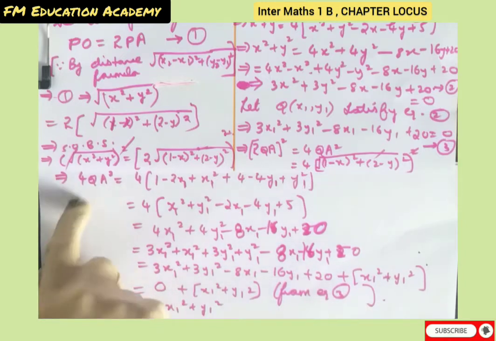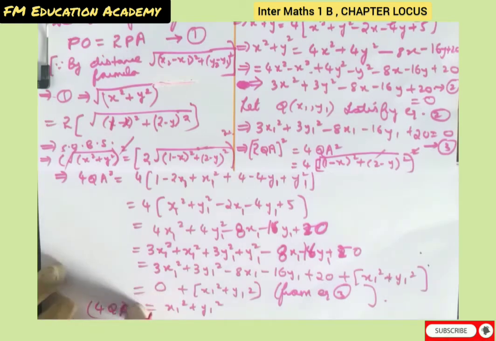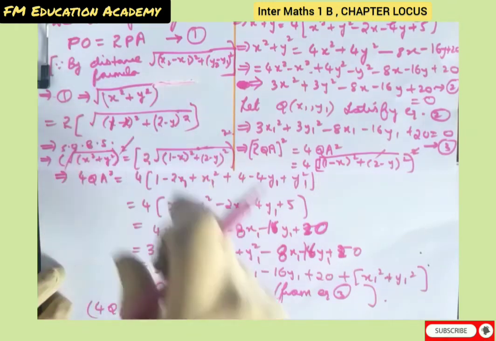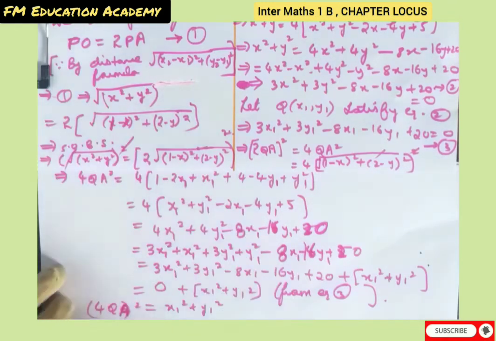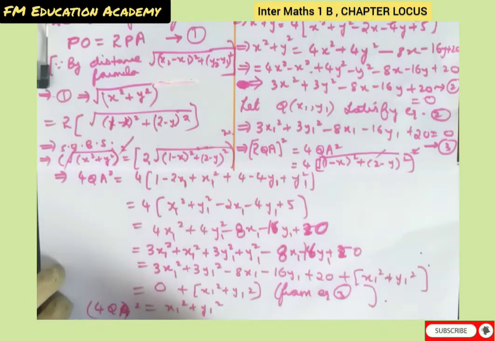Now this was 4QA square. If you want to remove the square, root of 4 is 2 and root of QA square will be QA, so it will become root of x1 square plus y1 square. So here we have root of x square plus y square, and here we have root of x1 square plus y1 square. So we have successfully gotten OP here and OQ here. So this is QA. Right?